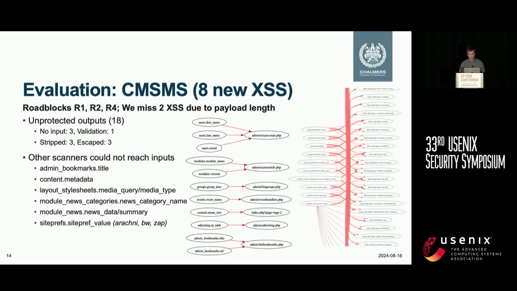As another example, we have CMS Made Simple, where you discover 8 new XSS. And in this case, the compared scanners simply do not reach the inputs. So we're able to avoid these general challenges of crawling and scanning by cutting the problem space in half.